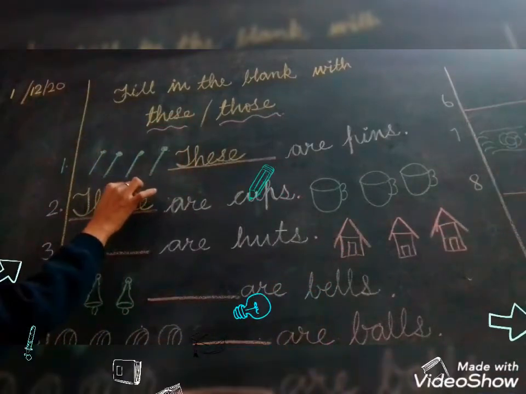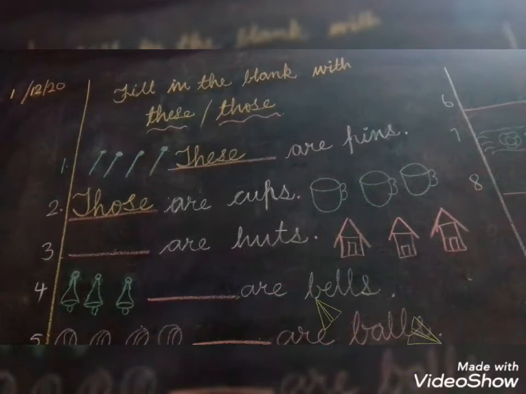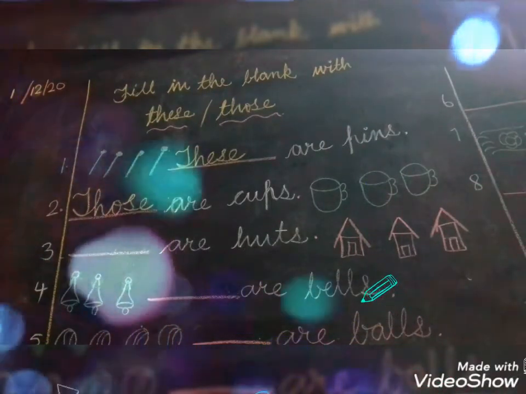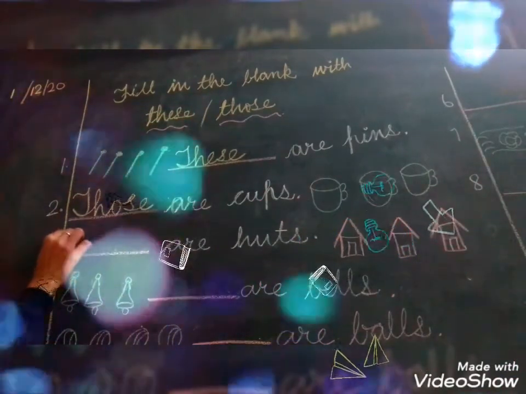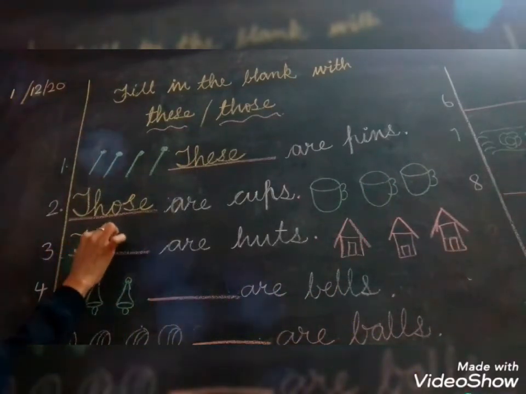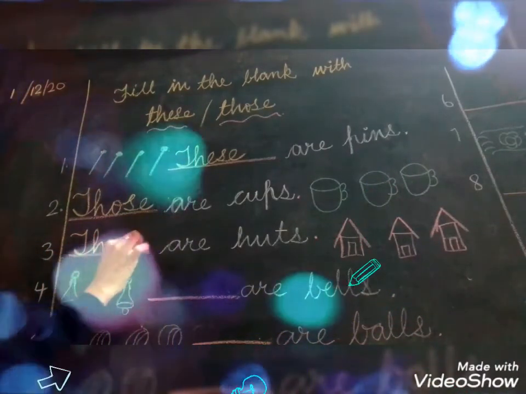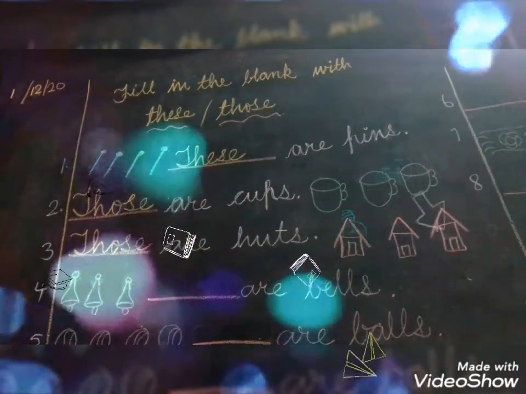Those are cups. Next, blank are huts. Huts are also far from us, so those are huts. T-H-O-S-E. Those are huts. Very good.